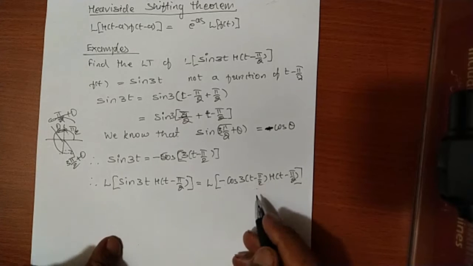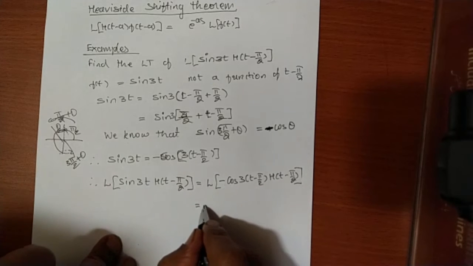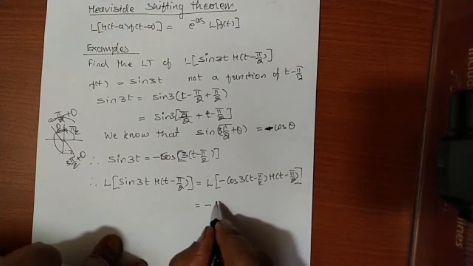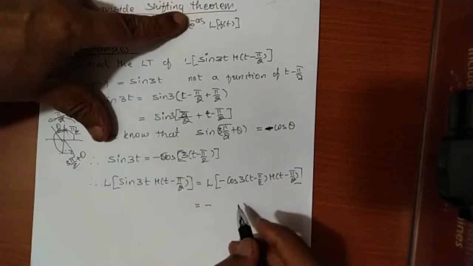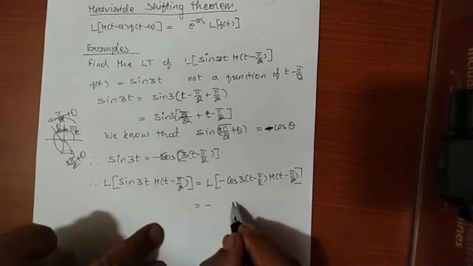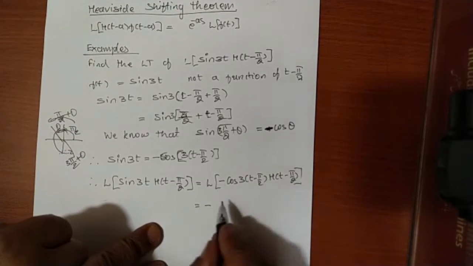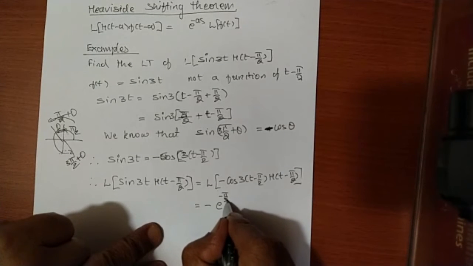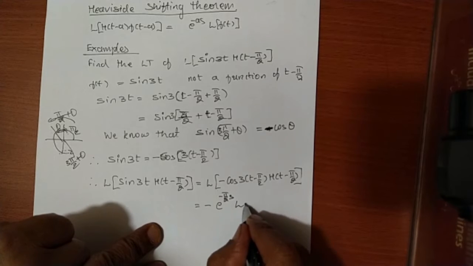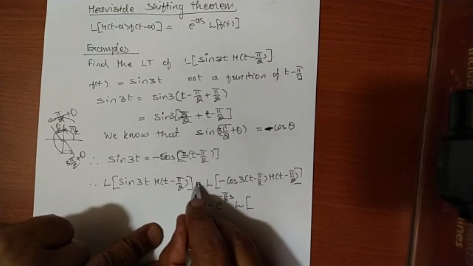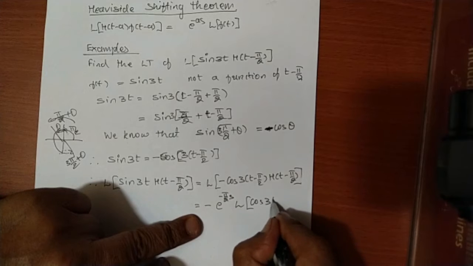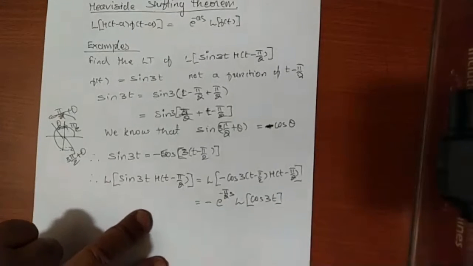So this will be equal to minus. I have to make use of the first shifting, Heaviside shifting theorem, which is here. Instead of a, it is pi by 2. So minus of e power minus pi by 2 times s into L of cos 3t, because the negative sign I have taken outside.